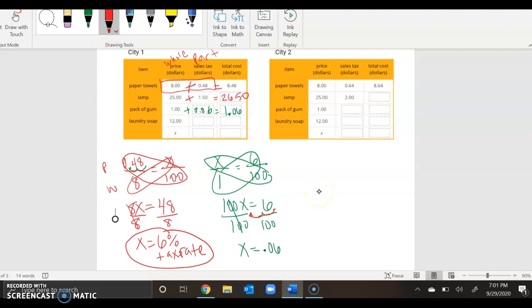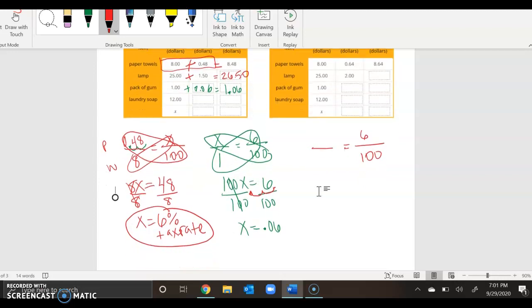Okay, now we're going to do the same thing for our laundry soap. Again, we now know our sales tax rate is 6%. Percent is out of 100. Okay, our laundry soap costs $12 and we are trying to figure out the tax. So we cross multiply 100 times X. 12 times 6 is 72. We will divide both sides by 100.